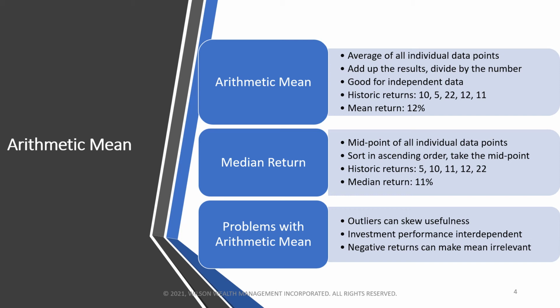And then the following year, again, it's different. It's not starting at that base of 1,000. So you can't really just take an average, because what you did in year 1 sets up your valuation for year 2 and then year 3. So interdependent returns and results, not so good to use arithmetic means.